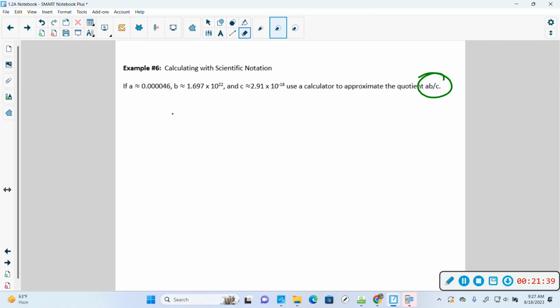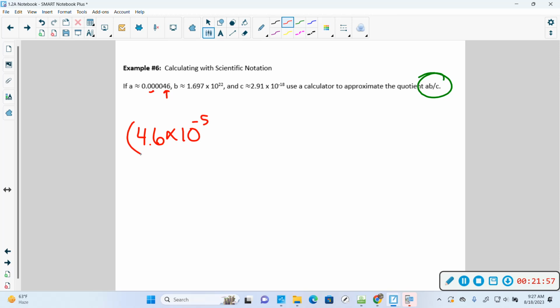So first thing I'm going to do is list these and mark up my board. I'm going to convert A into scientific notation just so they're all the same style. I'm going to put the decimal there, 4.6 times 10. Let me count here. 1, 2, 3, 4, negative 5. Got it.